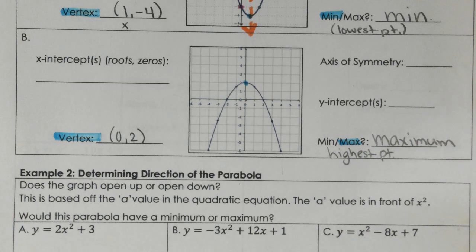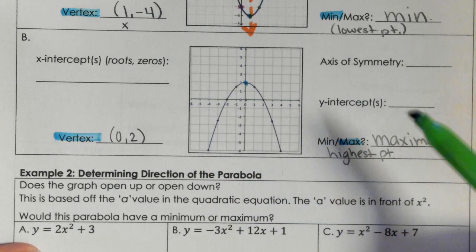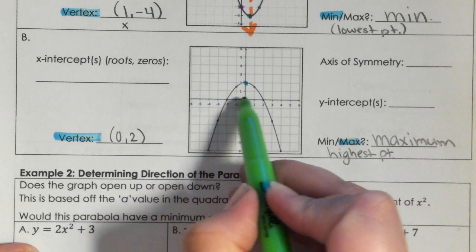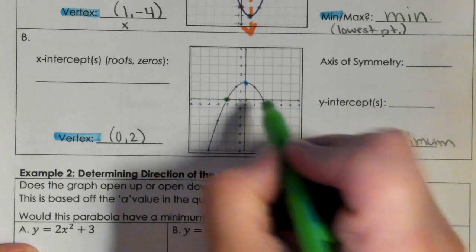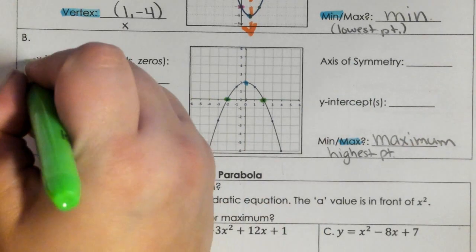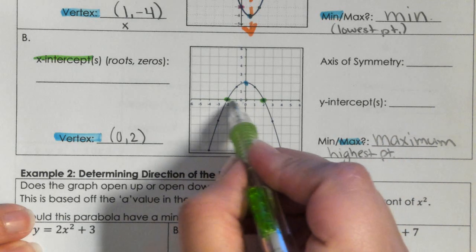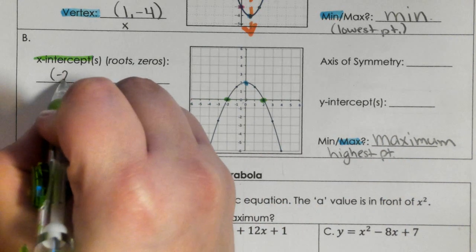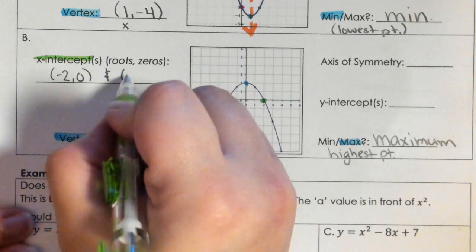Now, for the x-intercepts, I look to see, does the parabola cross the x-axis, and this is your x-axis, and it does. It crosses right here, and here. So the x-intercepts would be -2, 0, and 2, 0.